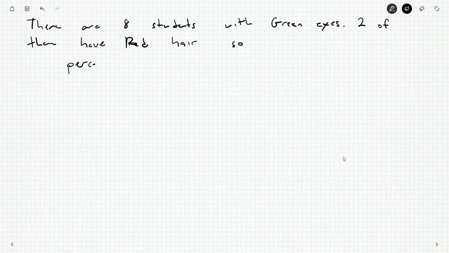So we have the percentage is going to be 2 out of 8, not 2 out of 20, because we sort of narrowed the sample space or the stuff that we're working with. However many brown-eyed students are, it doesn't impact this particular question. So 2 over 8 is a quarter, and a quarter of 100 is 25, so we have 25%.